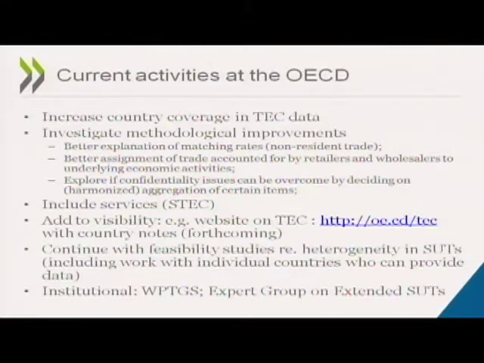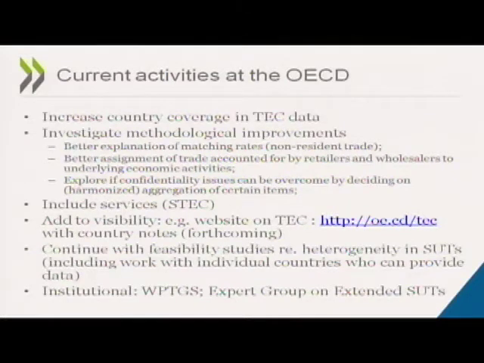Because if we can be sure that the information that we receive from the tech data, from the FATS data, from the structural business statistics is actually harmonized and can be combined and compared, we can use that information to start breaking down the supply and use table, because in that way we will have all the information necessary for the main components of the supply and use table.